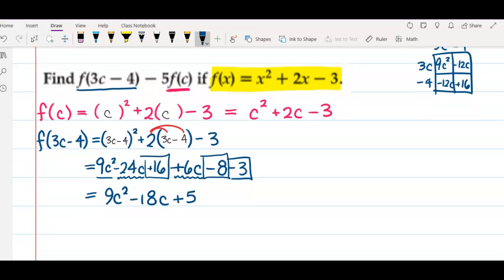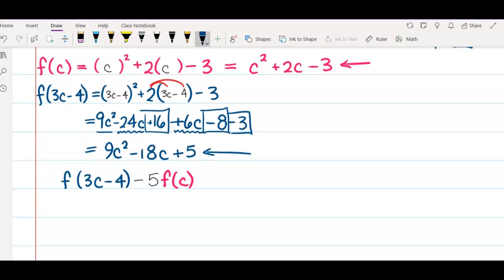But we're not quite finished, because if you recall, the original problem said take f of 3c minus 4, subtract 5 times f of c. This is f of c, and this is f of 3c minus 4.